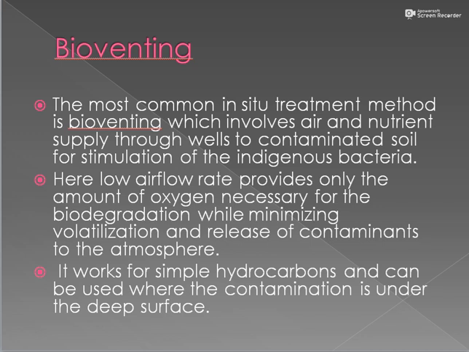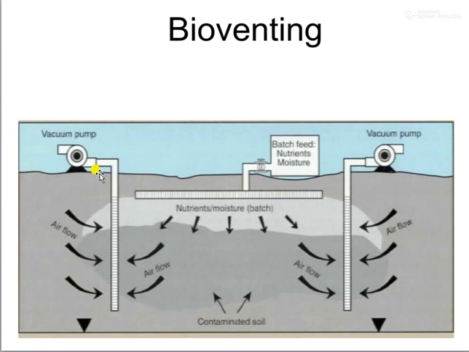You can do the process of bioventing there, and it works for simple hydrocarbons and can be used where the contamination is deep under the surface. For example, you can look into this. Using a vacuum pump, you will put in air, and you can also add some nutrients.